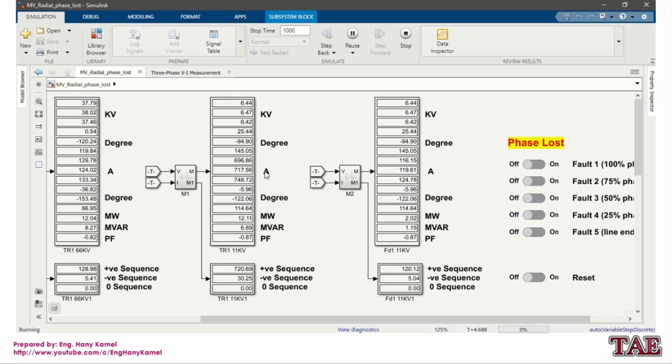This is transformer number 1 11 kV side. These are the measurements. Of course, it is the total of 6 feeders, and this is the 66 kV side of our transformer.